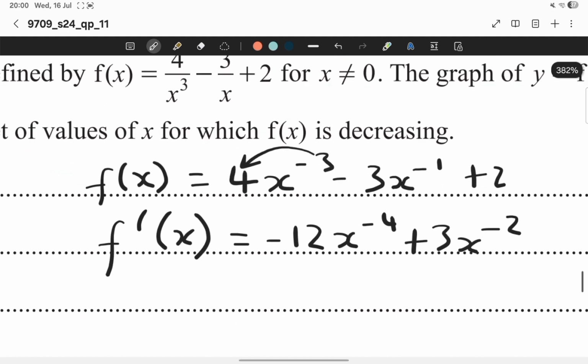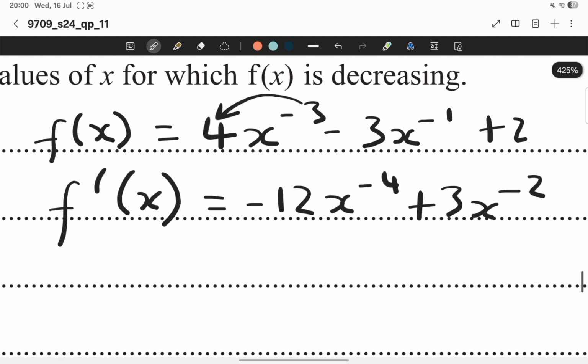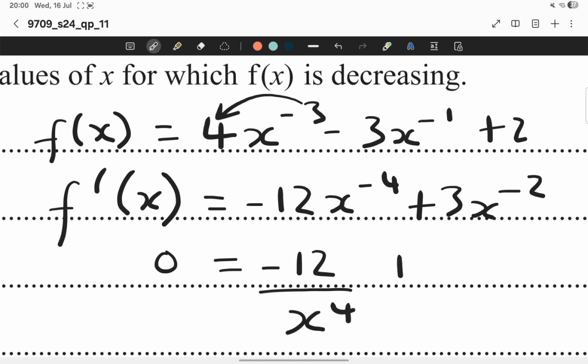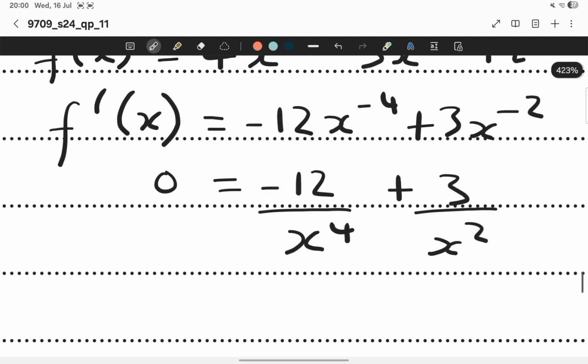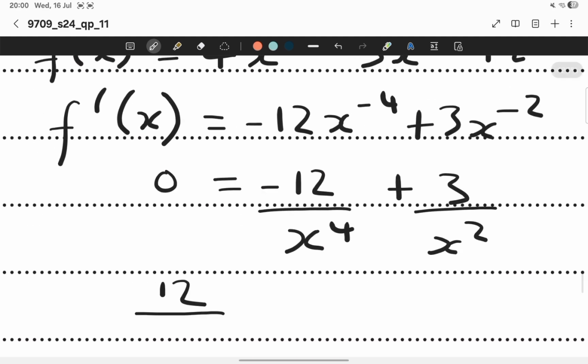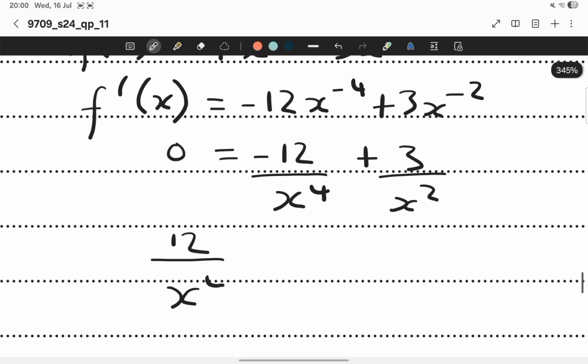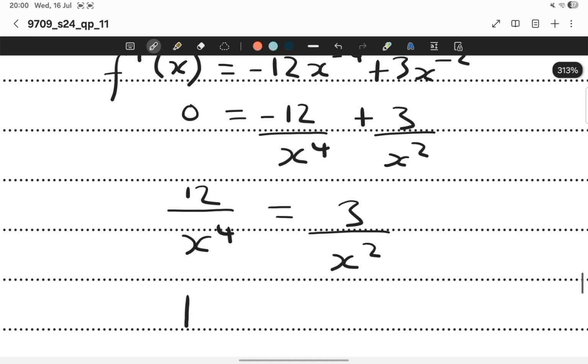For us to get the turning points, we set this equal to 0. So 0 equals minus 12 over x to the power 4 plus 3 over x squared. That gives 12 over x to the power 4 equals 3 over x squared. Cross multiplying, we get 12x squared equals 3x to the power 4.